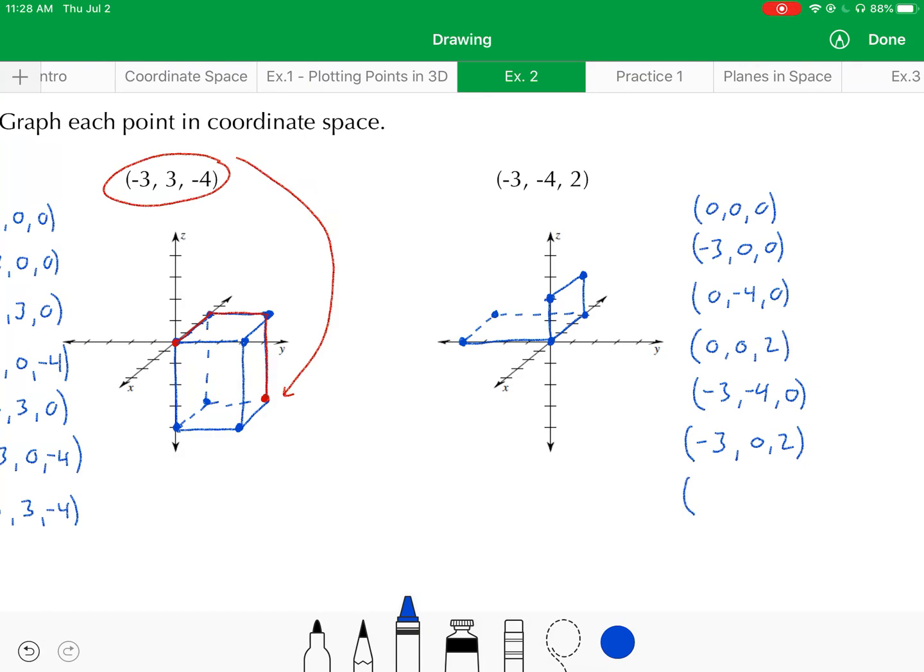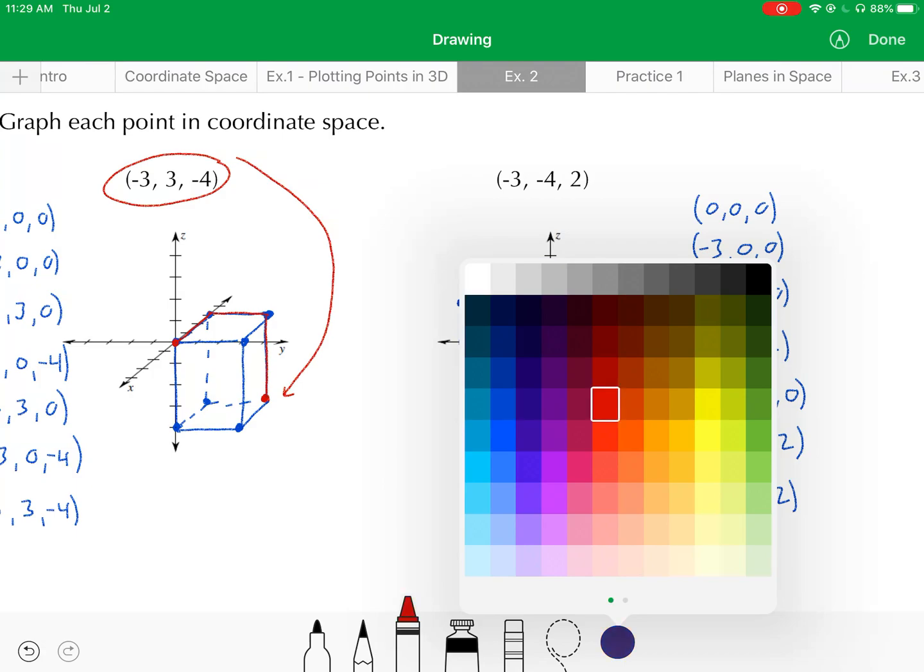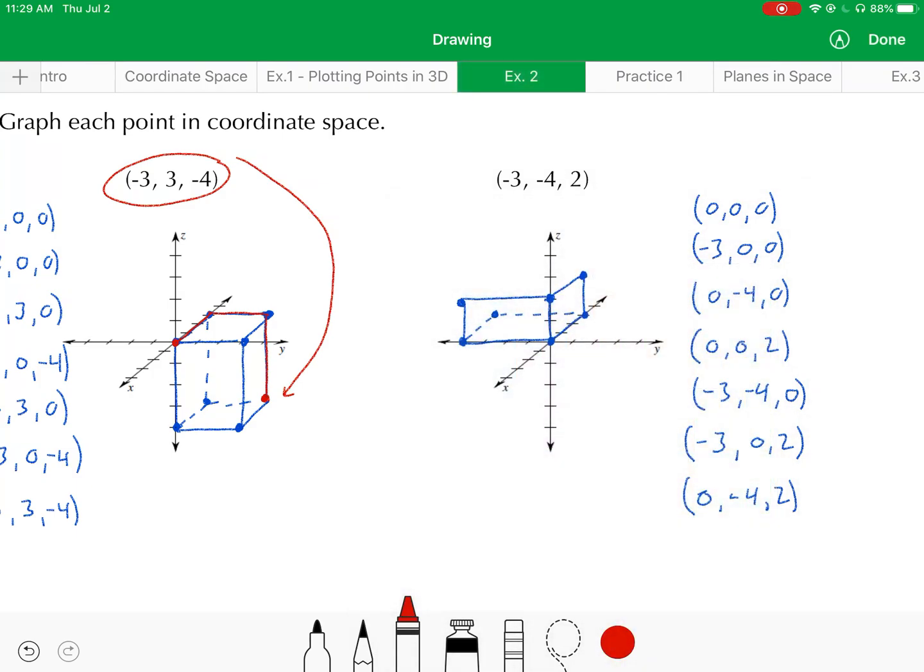And then the final point I'm going to plot before the actual point is going to be 0, -4, 2. So we're going to go 4 left and 2 units up. Okay, so hopefully you can see where that final point should be located, right about there, so that I can finish off the box now.